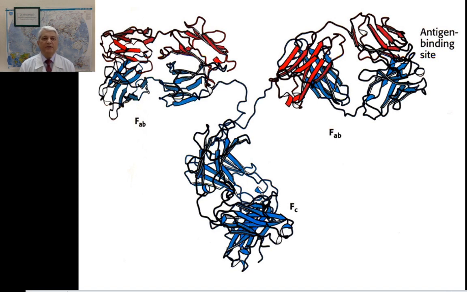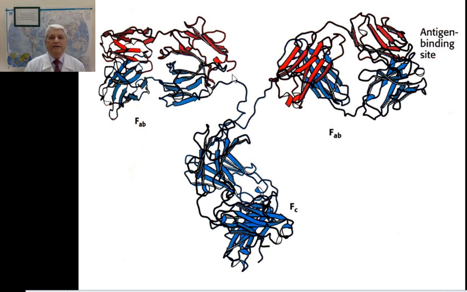The main type is beta structure. And segments of beta structure, beta sheets, you can see by these arrows, red arrows and blue arrows. As you remember, blue color shows heavy chains and red color shows light chains.